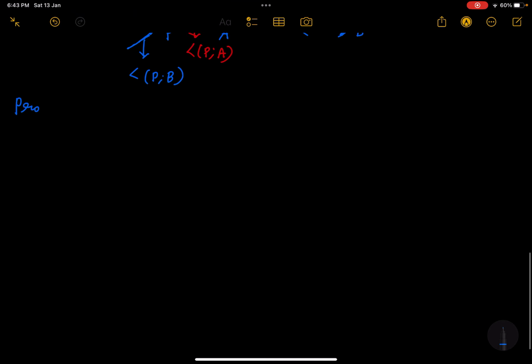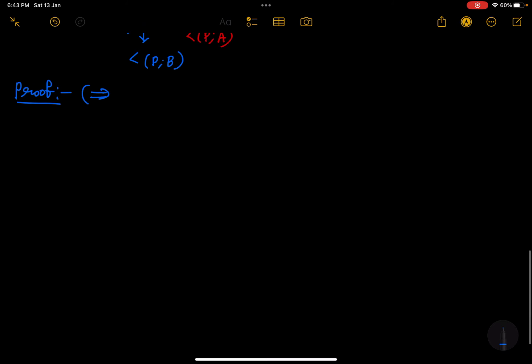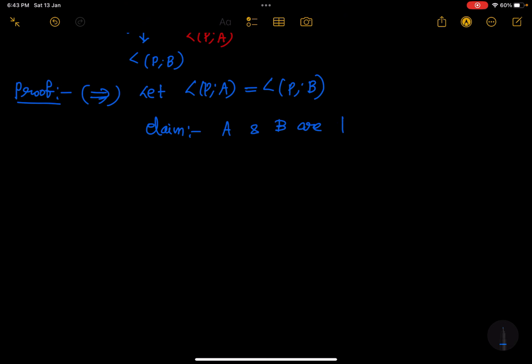Let L of P comma A equal L of P comma B. We claim that A and B are parallel.